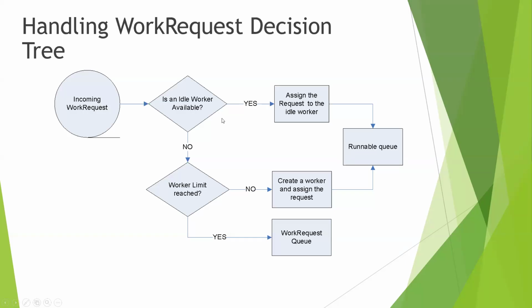Whenever there is an incoming request, it checks whether a worker is available or not. If it is available, it is assigned and it will be in the runnable queue. If not available, it checks whether the worker limit is reached. If the worker limit is reached, the request waits for a worker to be available, with its status in the pending queue.